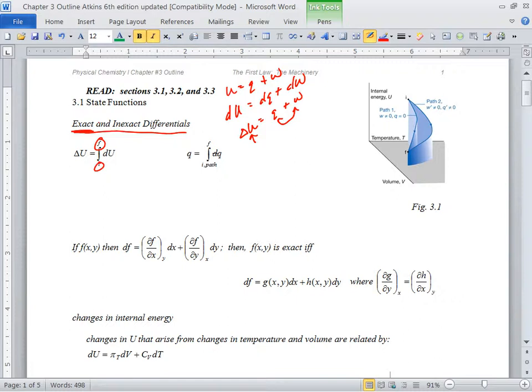That's not true of Q, right? If you want to get Q, it's path dependent, so it would be an inexact differential. You still get numbers for both. It's just that one only depends on the initial and the final state. And we don't really talk about states when we say heat and work, just because they're not state functions.